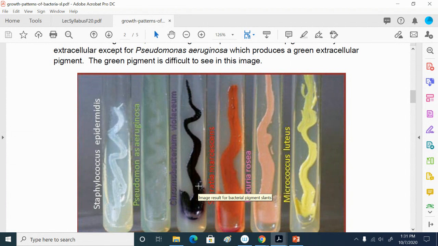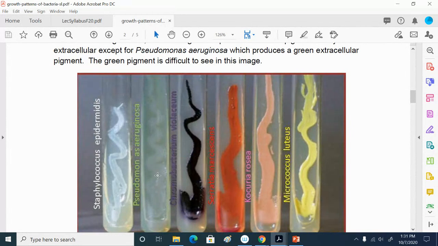Intracellular. Next, we have Pseudomonas aeruginosa. It is hard to see on the slant. Ideally, we need to turn the slant sideways so we can see the agar. But if you compare the agar in the tubes next to it, you see that this agar is greenish. It's got a greenish tinge to it.